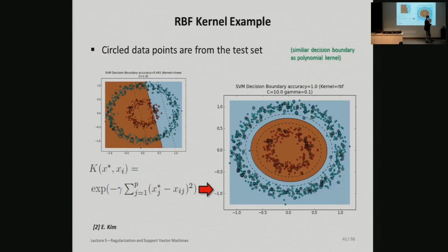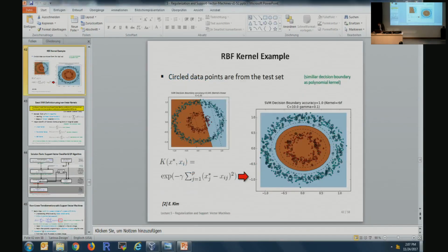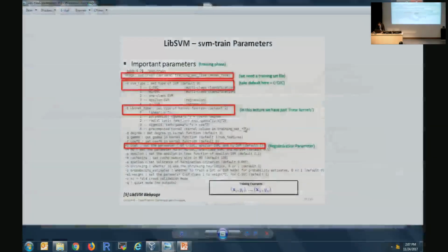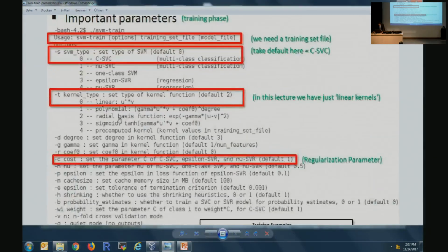However, let's put the focus back on the radial basis function, this interesting fellow, and go to practice again. Whether you use libSVM or pSVM, both have implemented this kernel, which is basically -t 2.